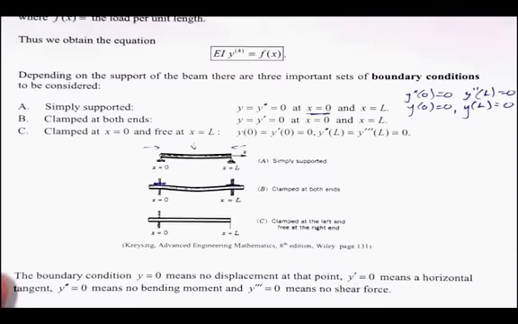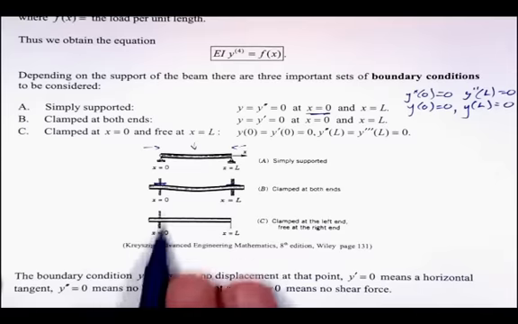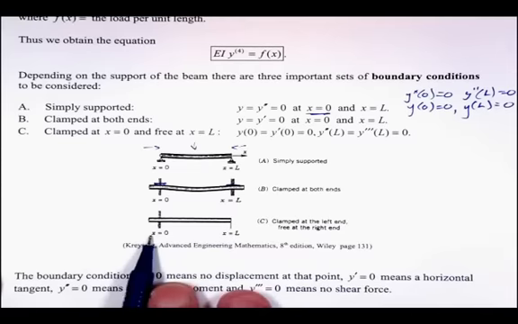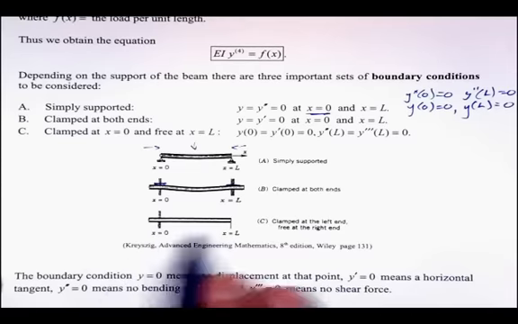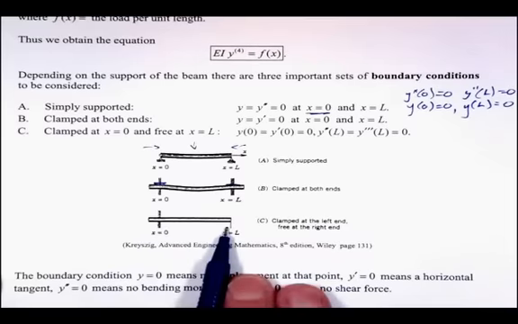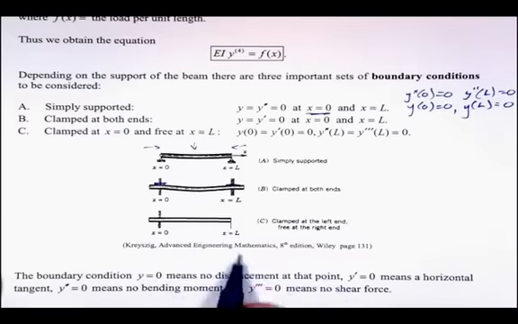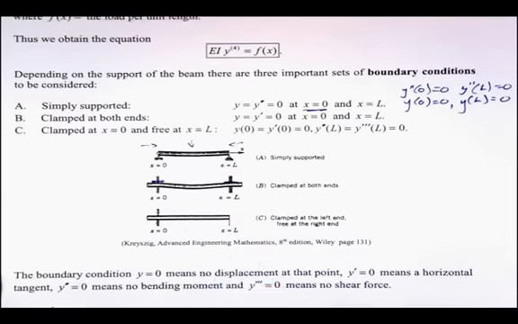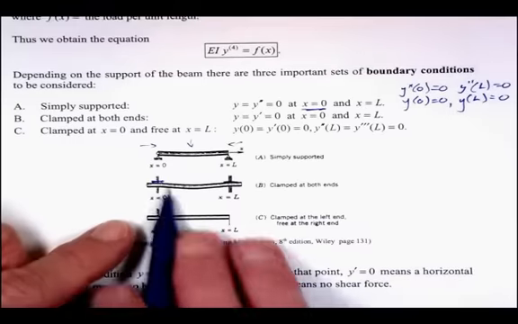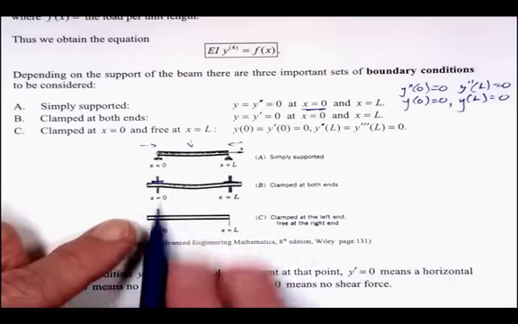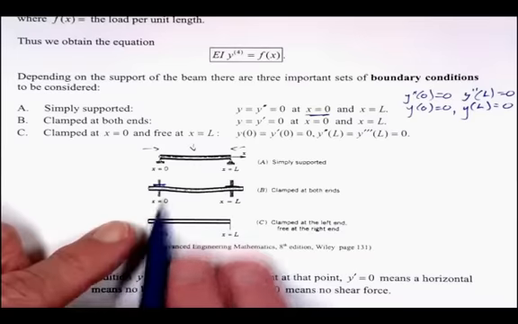Now, the other case is, what if it's only clamped at one end? Would that work? Well, we'd call that a diving board, wouldn't we? If it's clamped at one end and free at the other, the more we load this up, the further down it's going to bend. Turns out that we get the same initial or boundary conditions in this case at the left-hand side.